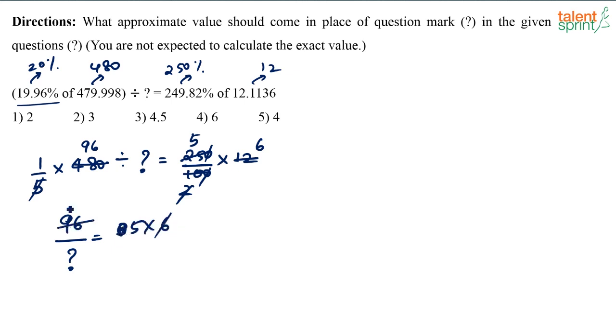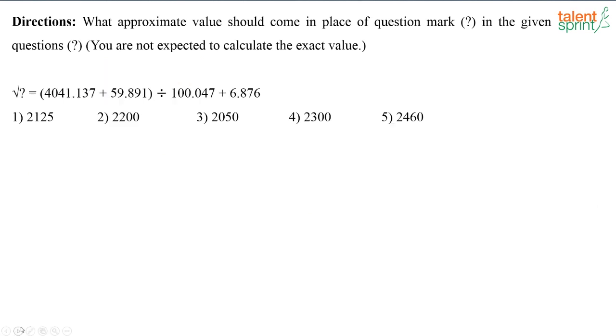So, what is the value? The value, x or question mark, is equal to 16 divided by 5, that is 3 point something. You can approximate it as 3. Option 2. So, 3 is your answer.